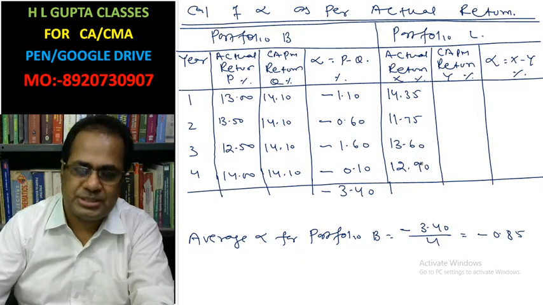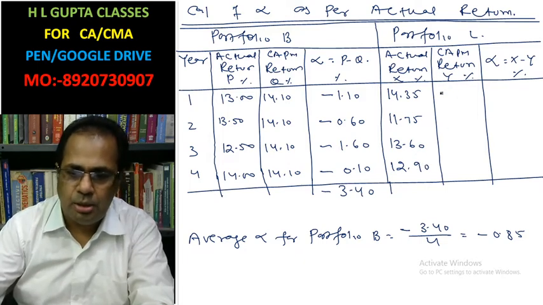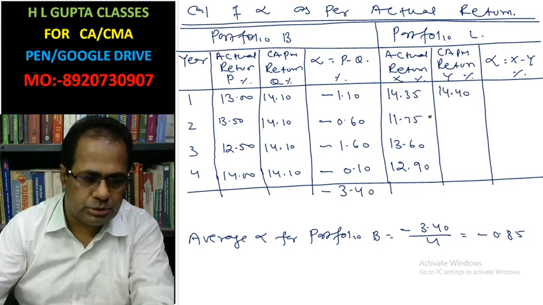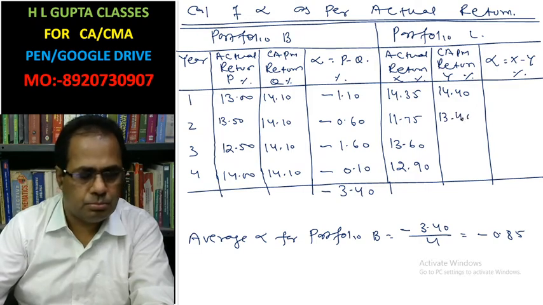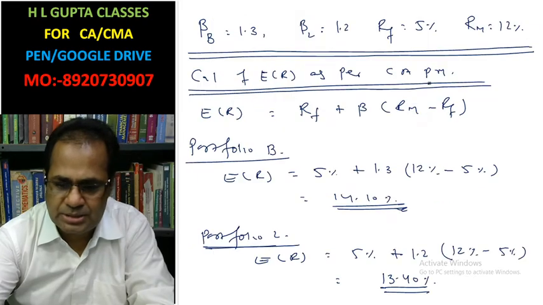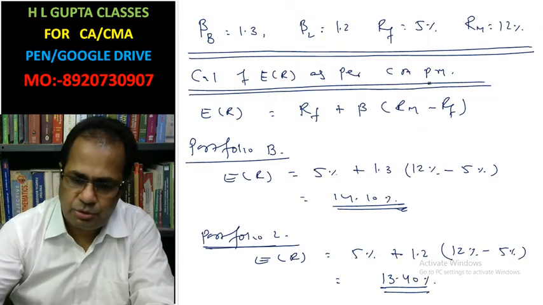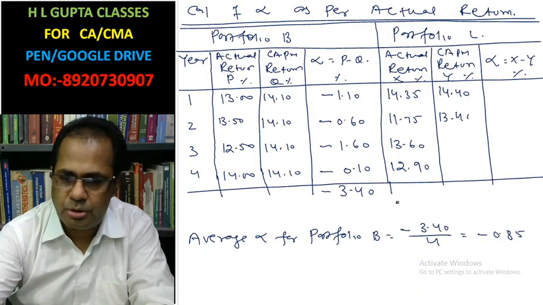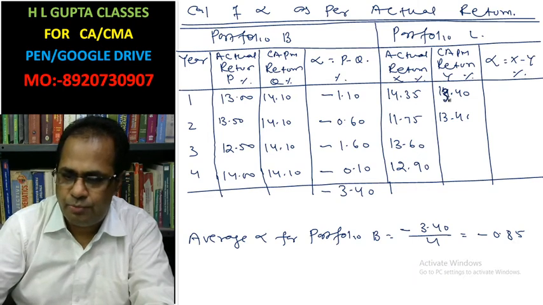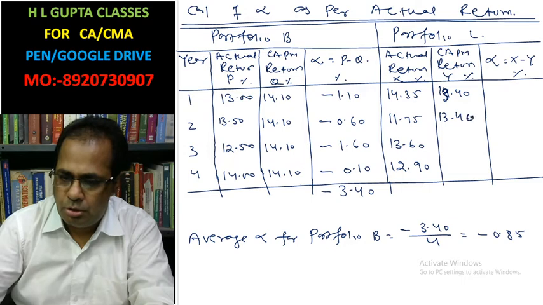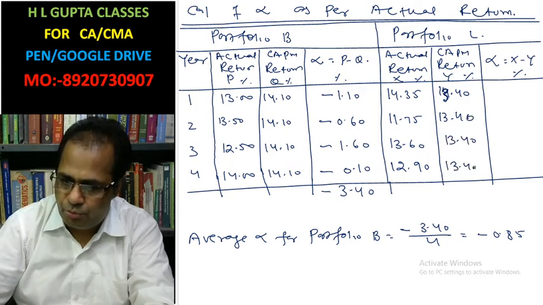The expected return as per CAPM is 13.40, not 14. This is 13.40 for every year.